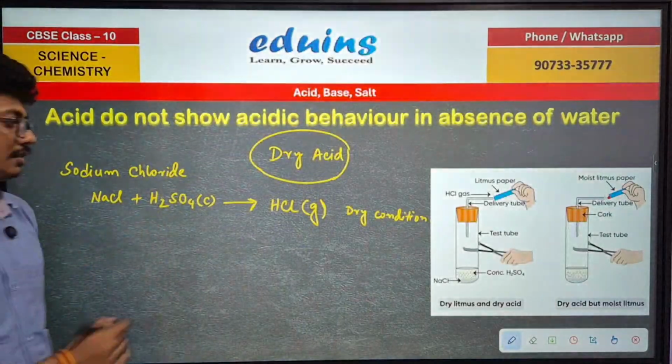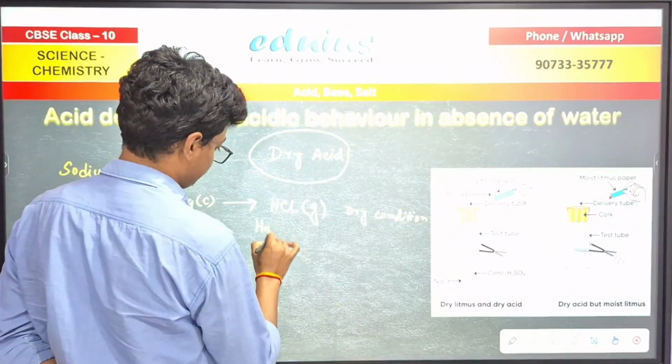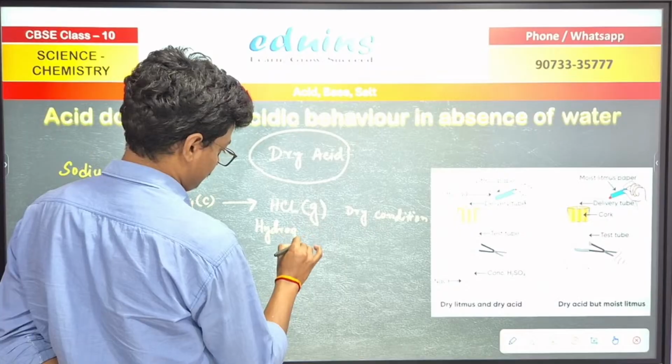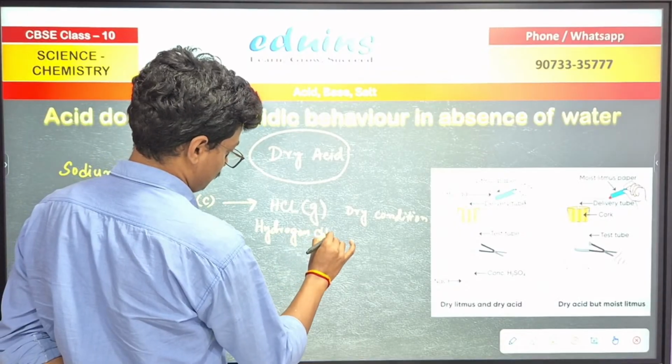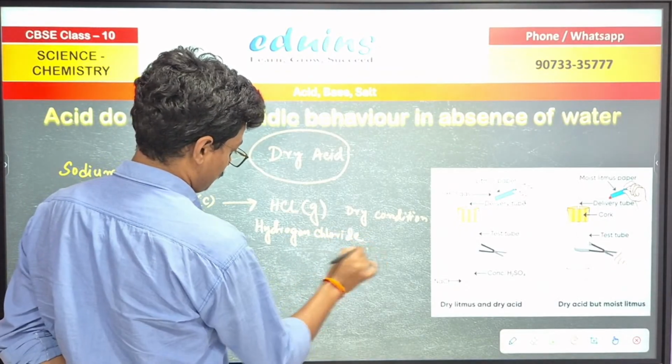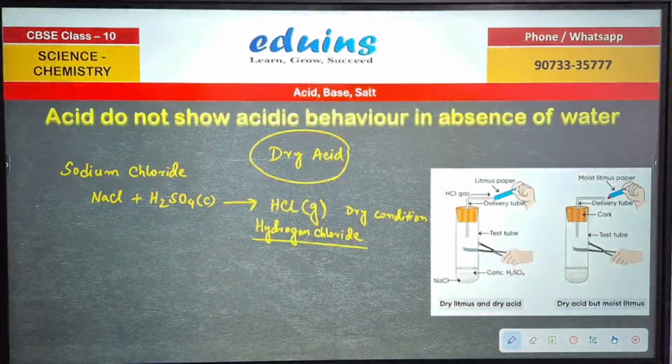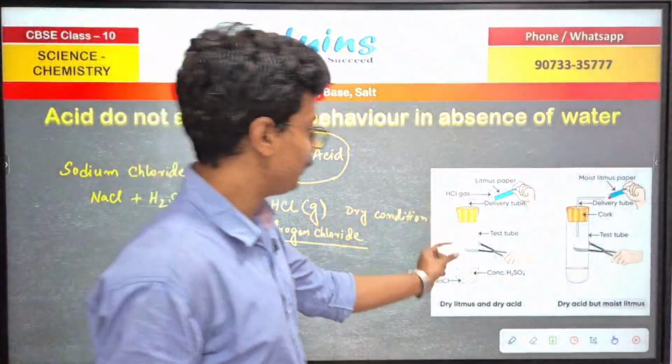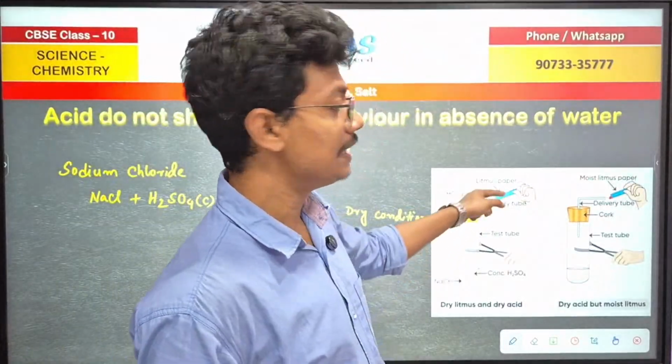So this is the hydrogen chloride. Okay, and this hydrogen chloride will release from this delivery tube.